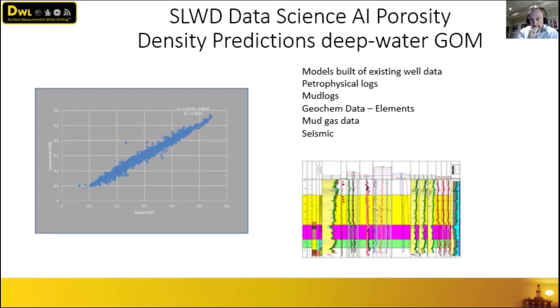What we've found is that when we start to use the actual rock composition ground truth measurement and actual mud gas compositions, we can go from, in some instances, sub 0.9 regressions to regressions of 0.98. So within 2% of error and 98% of accuracy. This is an example of porosity density modeling that we recently did on a deepwater project in Gulf of Mexico.